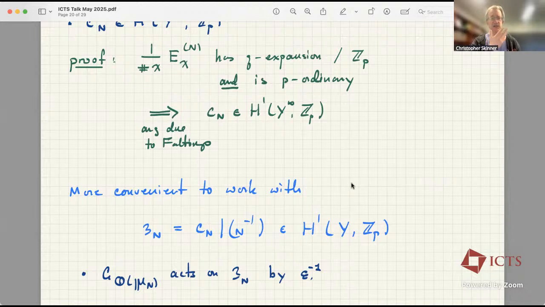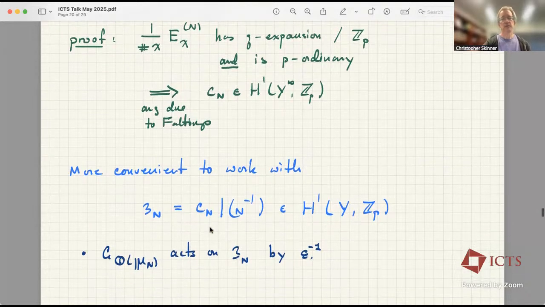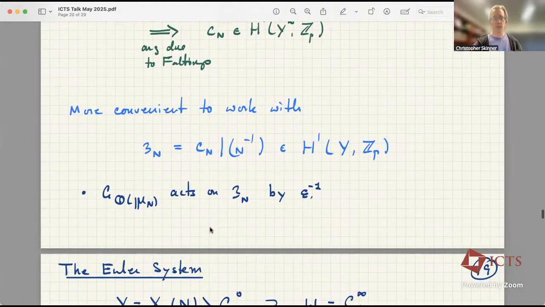So I get these classes, which I'll now call eta_n, and I still know the Galois action. The Atkin-Lehner involution's action is compatible with Galois, at least if I pass to the nth roots of unity. And so I still have that G of the extension Q adjoin the nth roots of unity acts on this other class eta_n by the inverse of the cyclotomic character.